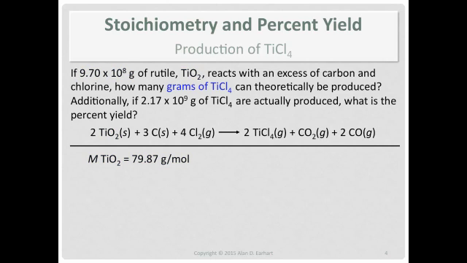We want to calculate the mass of titanium 4 chloride that we can produce. It says theoretically be produced. That just means do the stoichiometry calculation. So we need the molar mass of titanium 4 chloride. And the same thing, ignore the coefficient in front of the TiCl4. That comes in later.